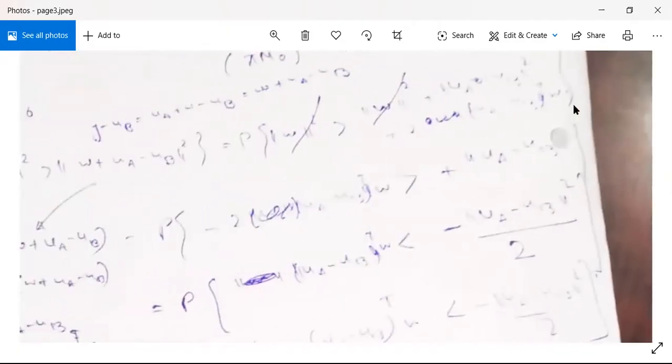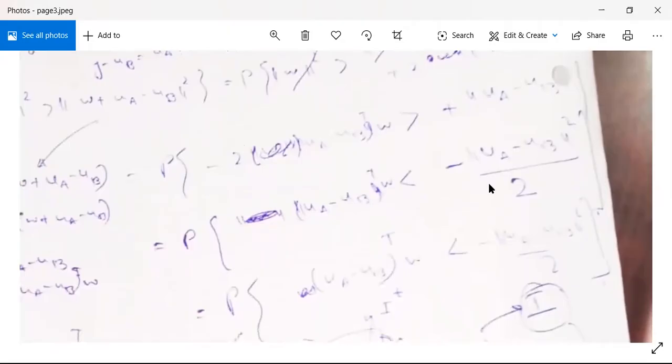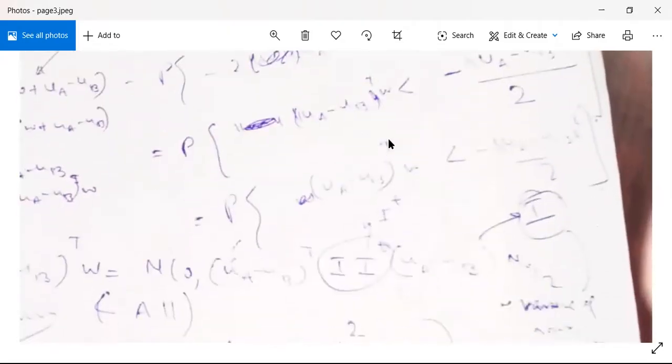This will be written here. W mod square and w mod square will cancel, and so this term goes here. This becomes negative. This term remains here. So I multiply throughout by the negative. This goes here. This remains here. This you can already see.